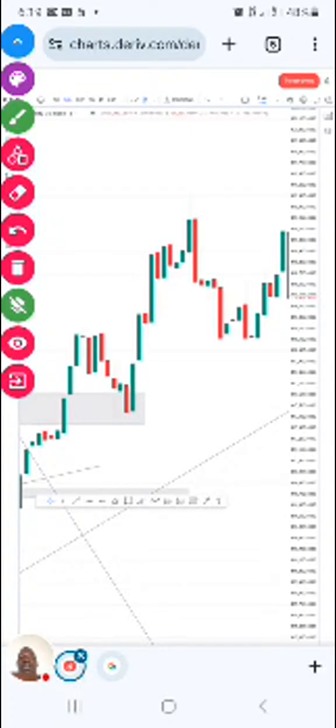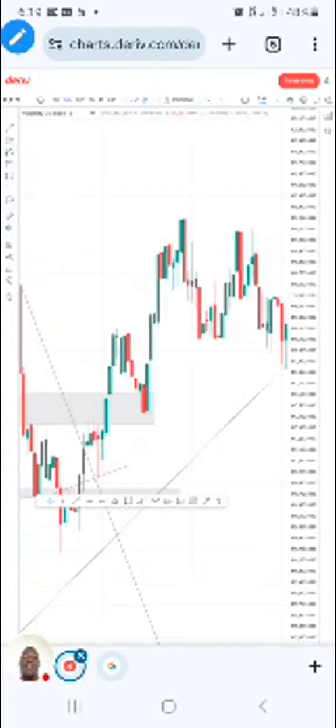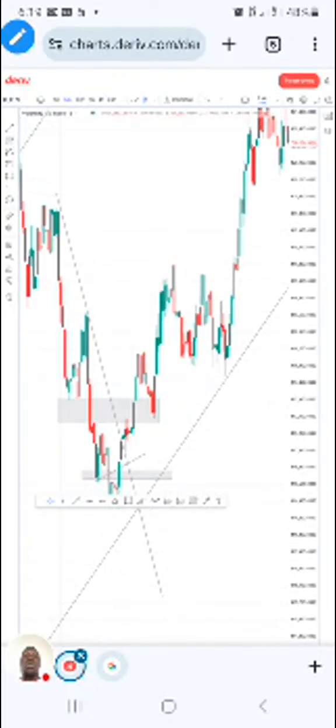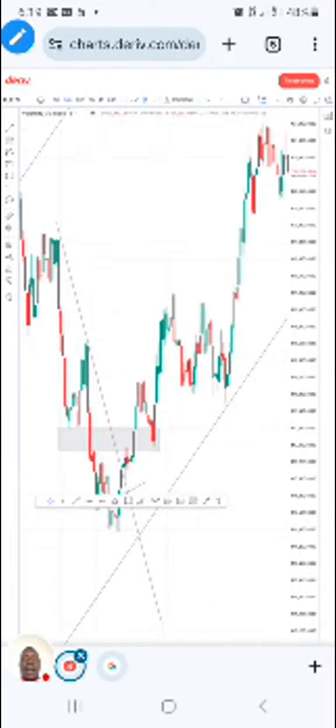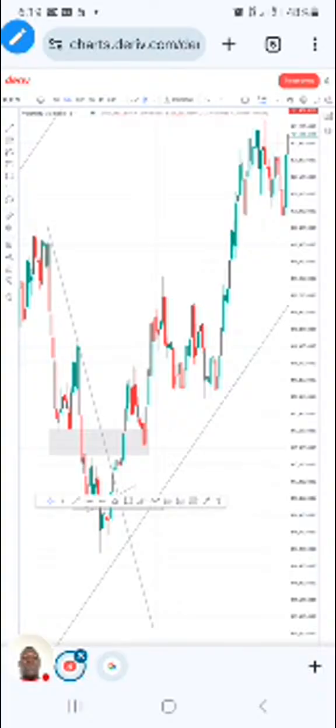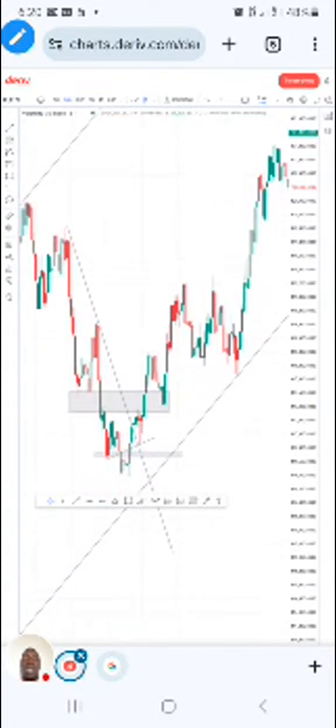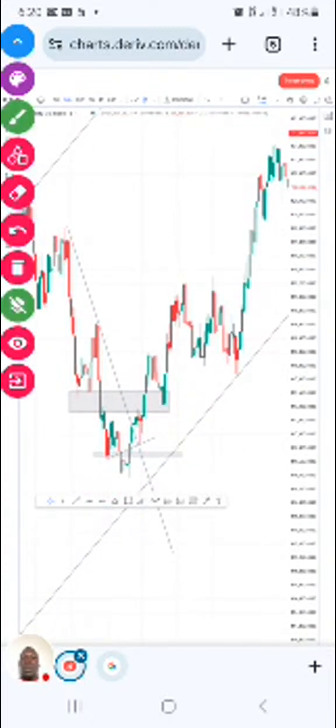So if we go to see after executing how the market behaved, you can see it moved all the way up. So another tip, you keep tracking the price and you see the behavior, how it works. Now we have another zone here.